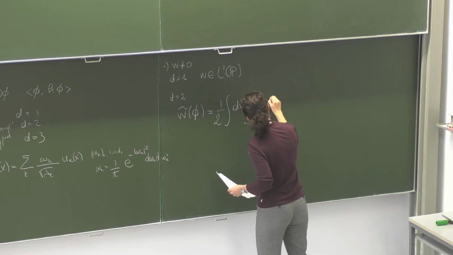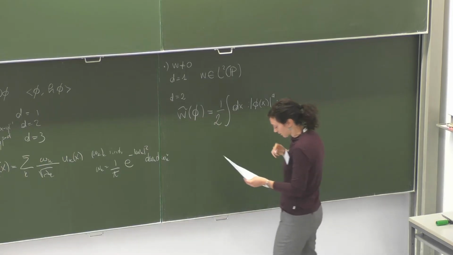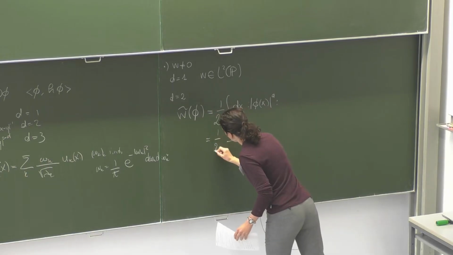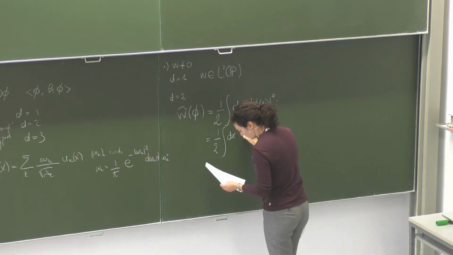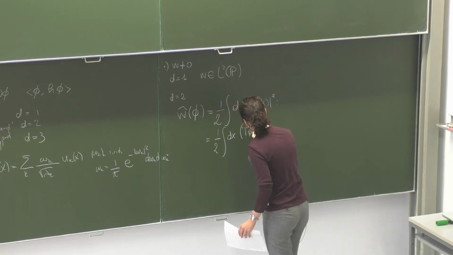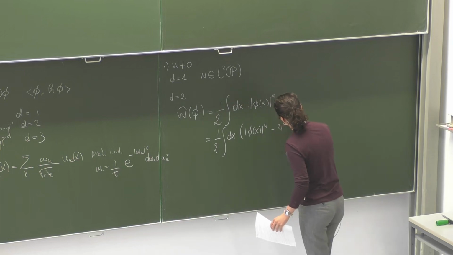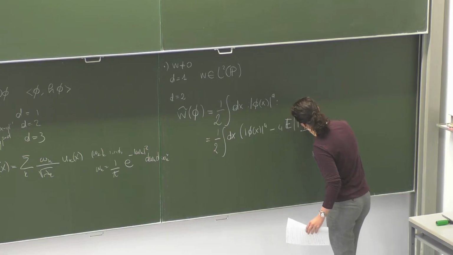These dots indicate the Wick ordering. And here we have, what is this? Just for completeness, it is the expectation with respect to the Gaussian measure.